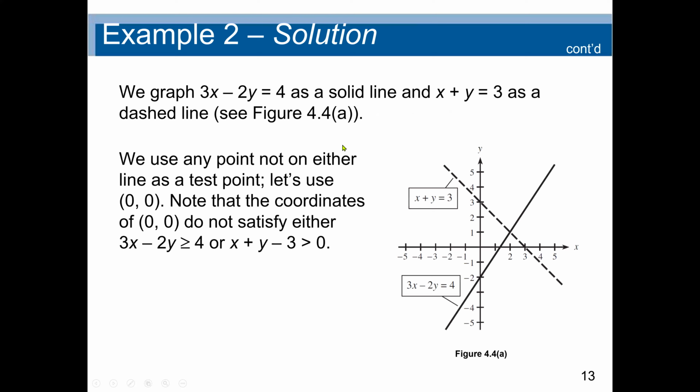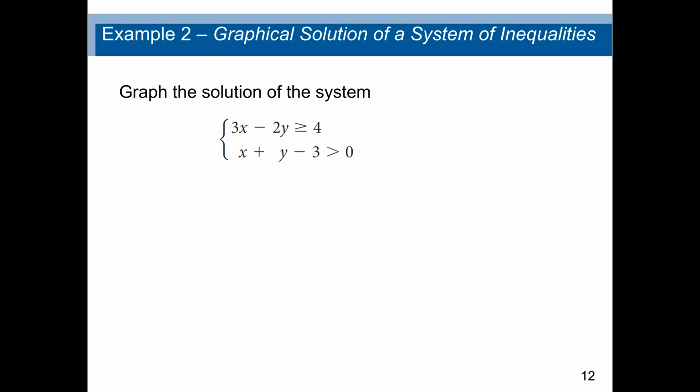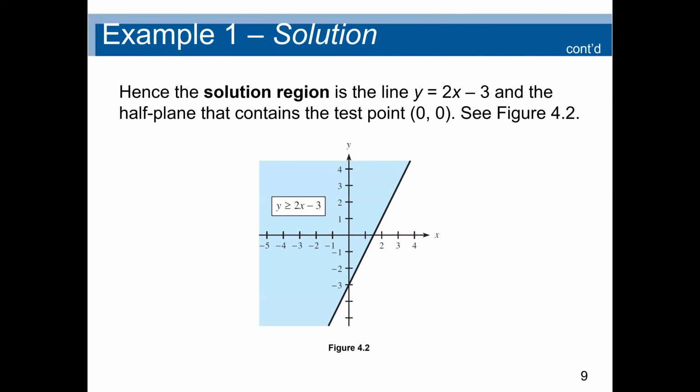As we said earlier, this area will be the solution. If it's not the solution, then the opposite area will surely be the solution. How do we determine it? Take any point in the plane. We took 0, 0, or any value you can take.